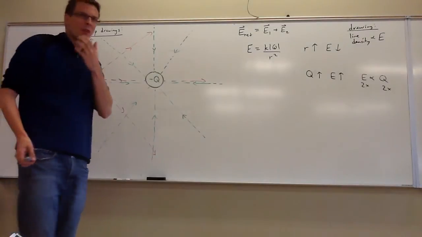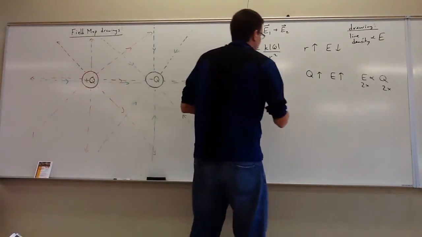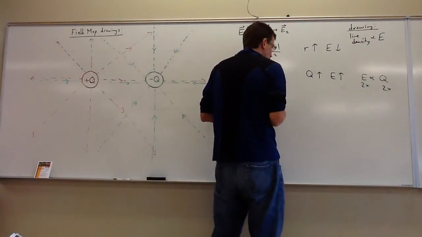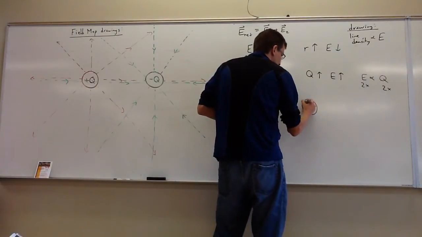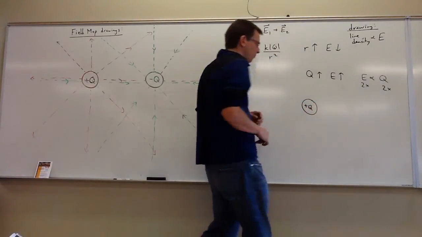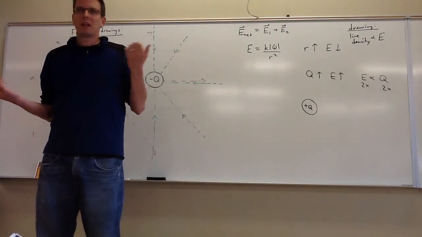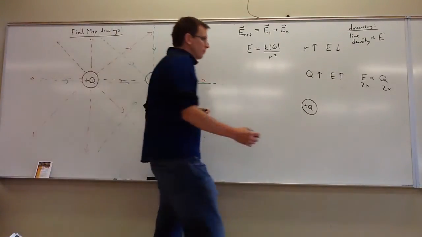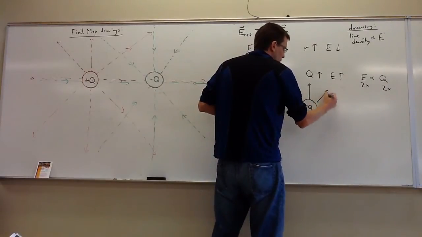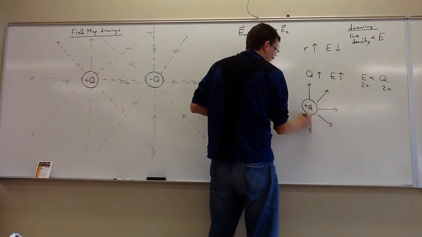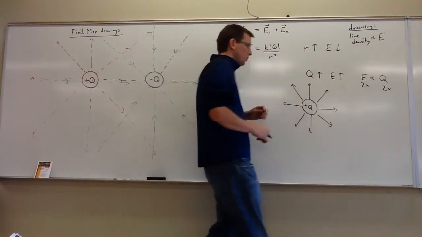So first, let me talk about this thing about charge. So let's say I have a plus Q. Now, I've been typically drawing 8 lines out of a charge. So I've been drawing 1, 2, 3, 4, 5, 6, 7, 8. That's, of course, just a sampling.